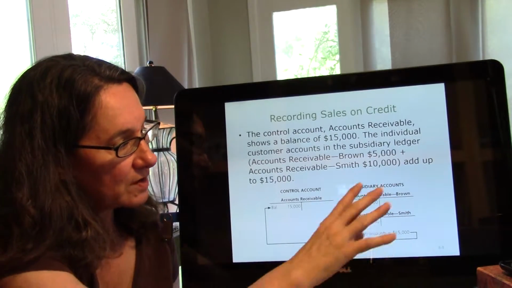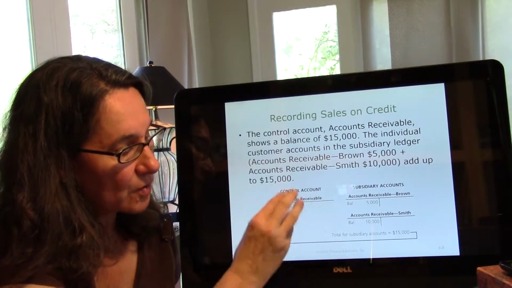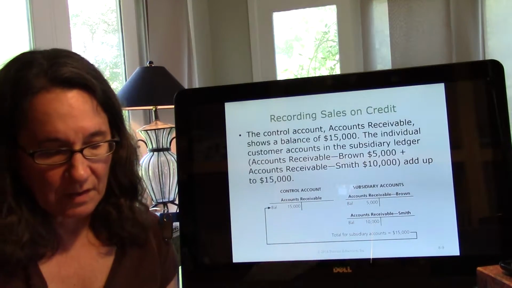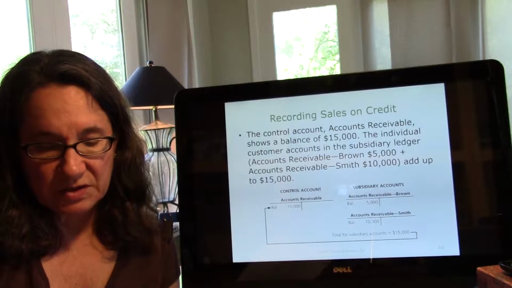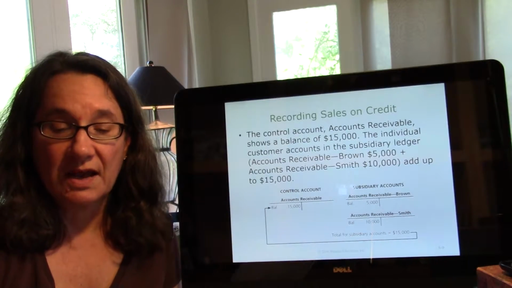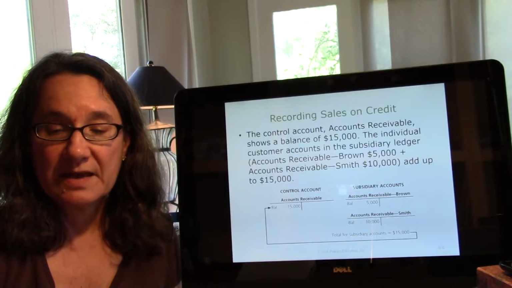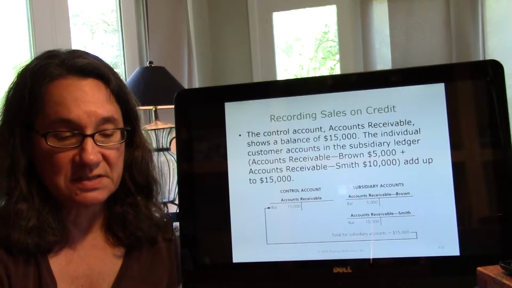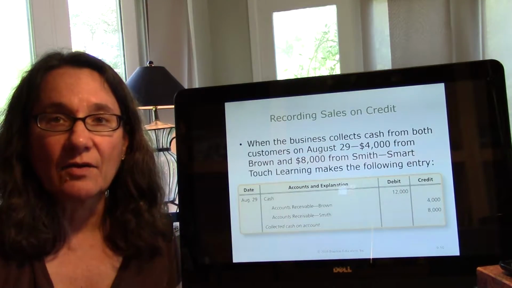So control accounts are just the total of the subsidiary accounts. It is obviously impractical to include each individual account receivable on the balance sheet. A control account, accounts receivable, is maintained to represent the total of all the individual subsidiary accounts.